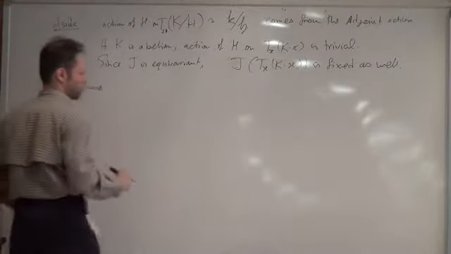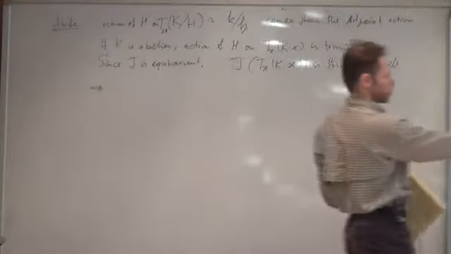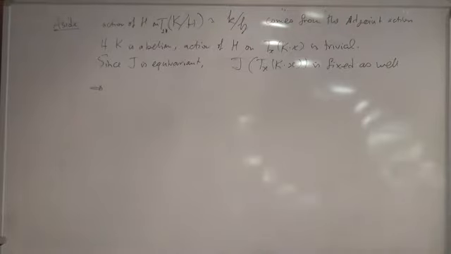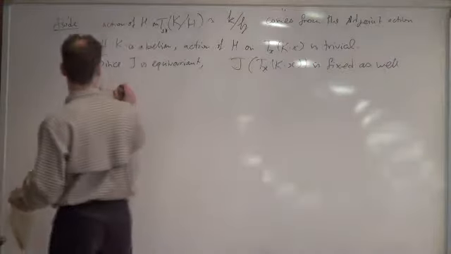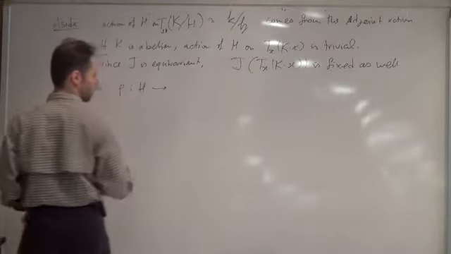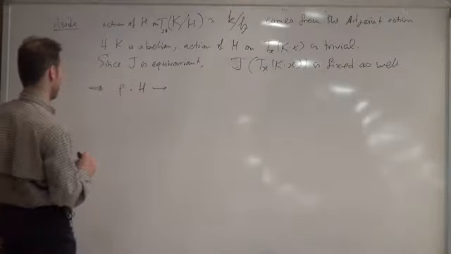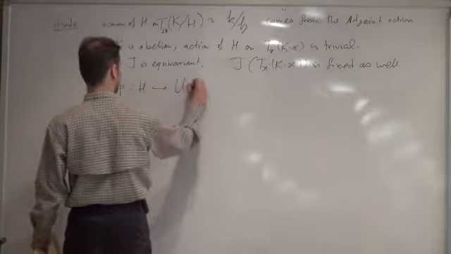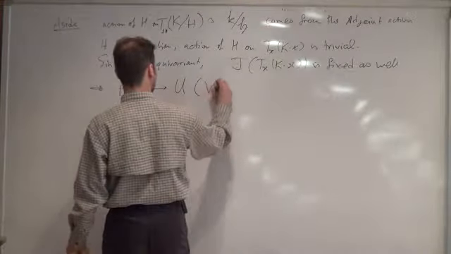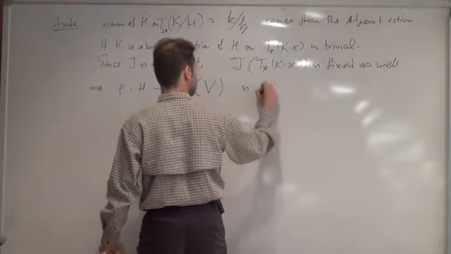But remember, this representation on the slice has to be faithful. This is somewhere we made the assumption that our action is effective. And out of the effectiveness of the action, we get that all the slice representations are faithful. So the representation of H, I'm calling all representations rho, into the unitary group of V is injective.